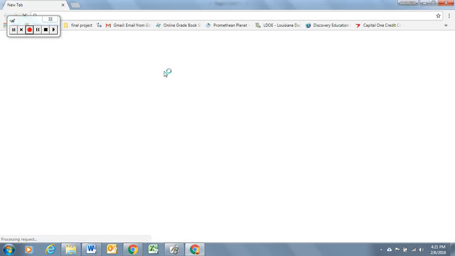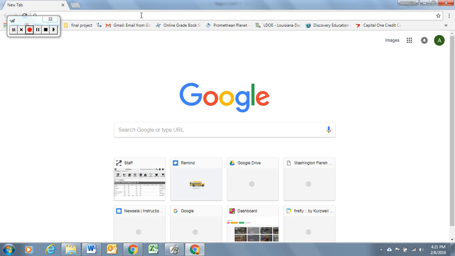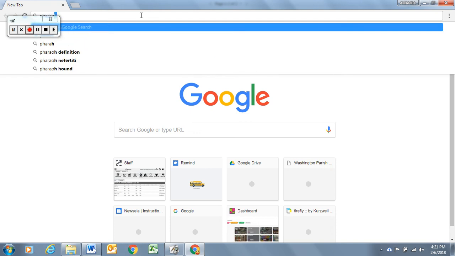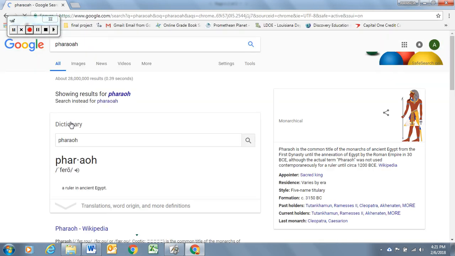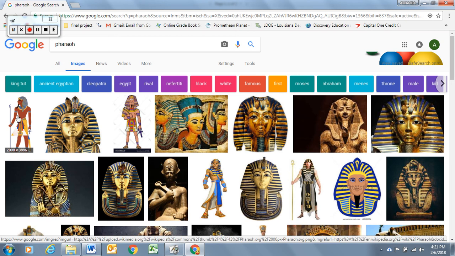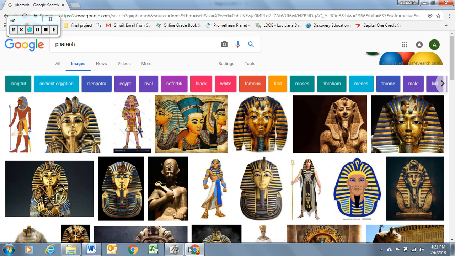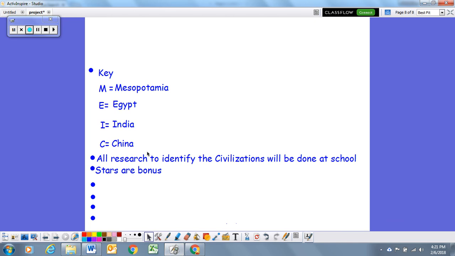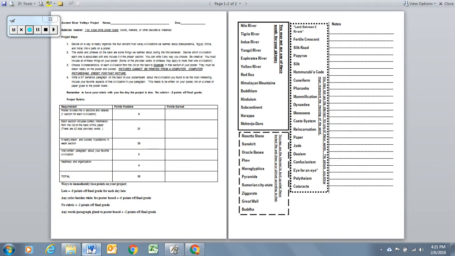Well, a lot of the pictures that I got for Pharaoh, sorry, it looks like I misspelled it, looked like this right here or this right here. That does not show me that a pharaoh is a king. Now, if you were to draw a stick figure with a crown on his head, that would represent the meaning of the word pharaoh.